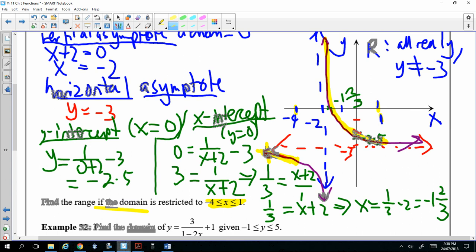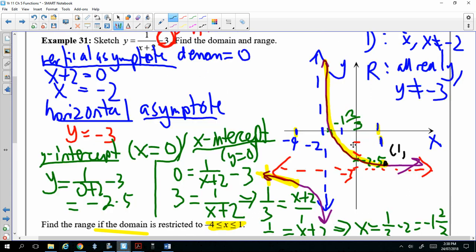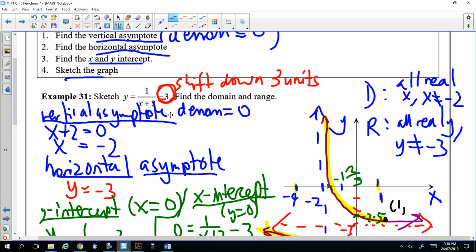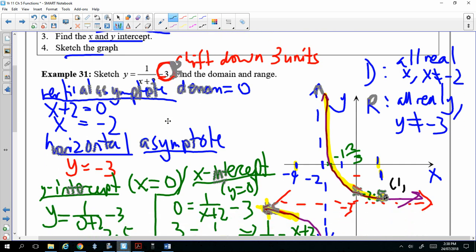So what's the coordinate when x equals 1? Let's use a different color there, black. Okay. When x is 1, what's y equal to? So you sub it back into this formula. When x is 1, y equals 1/3 minus 3, which is -2 2/3. Okay, work out this point, and then work out this point as well.